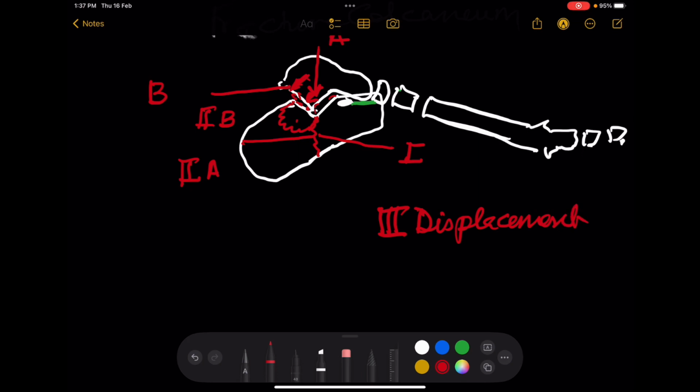There are two types of displacement. One is that the posterior fragment rotates like this and becomes like this. So the cruciate angle will decrease and the tuber angle will increase.